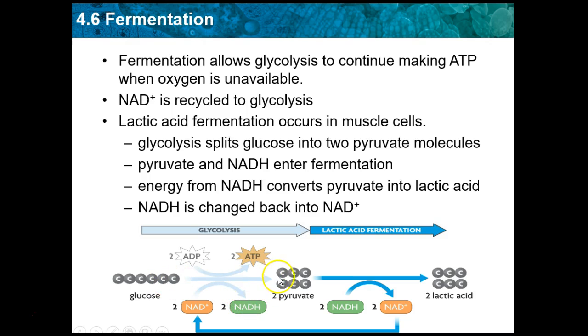This 6-carbon glucose is broken into 2 3-carbon pyruvates. That then enters into the lactic acid fermentation process. The pyruvates end up changed into lactic acid. At the same time, NADH is converted back into NAD, and that cycles back through this process so we can start glycolysis again. So this, just like so many things, becomes a recycled product, right?